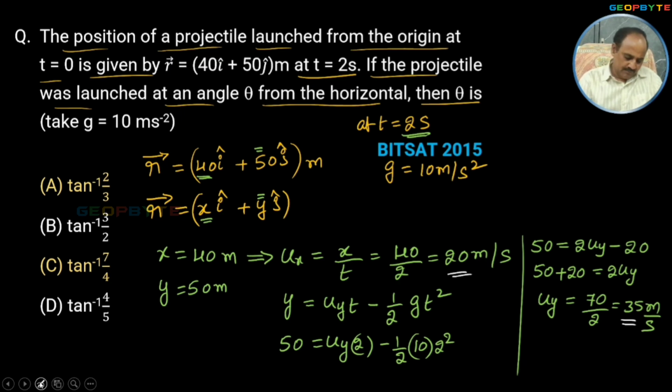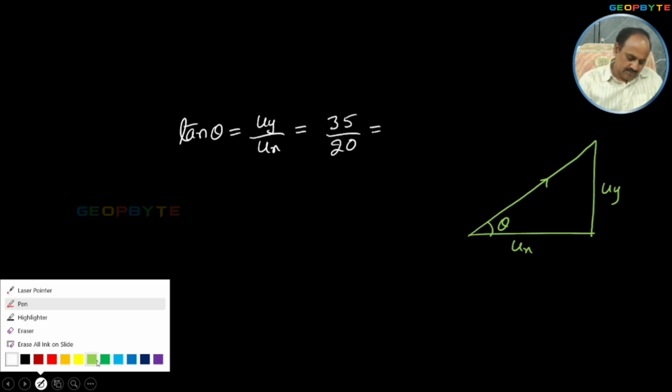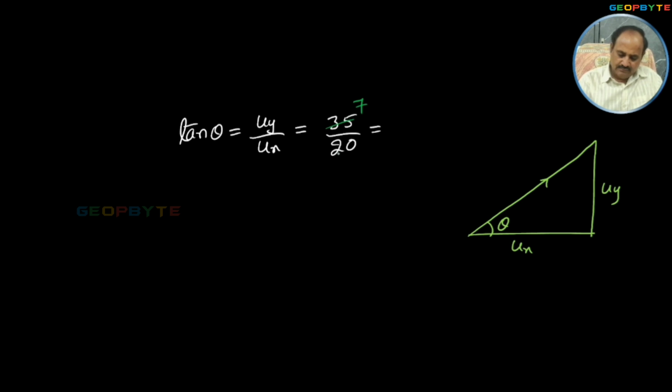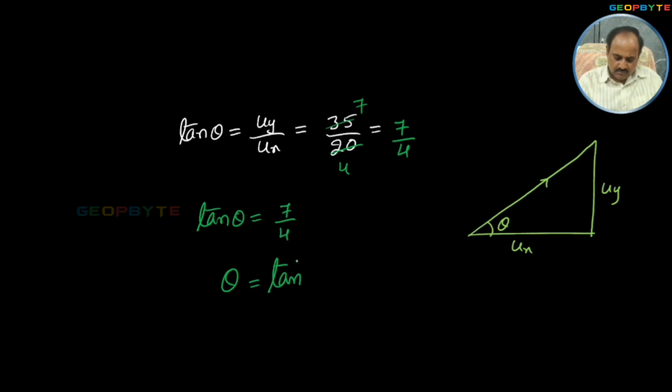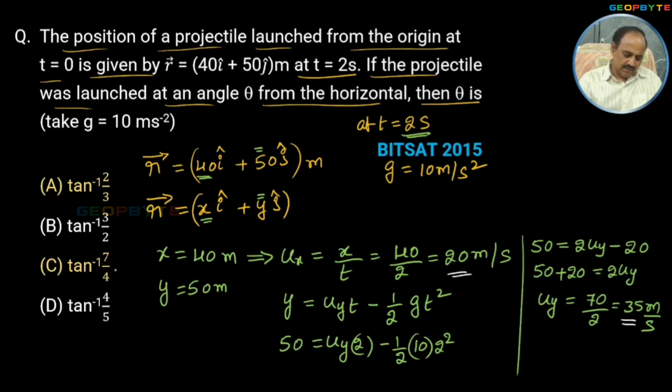Ux is 20. 35 by 20 is 7 by 4, since 5 sevens are 35 and 5 fours are 20. So tan theta equal to 7 by 4, theta equal to tan inverse 7 by 4. That is the answer. Look at the options. Theta equal to tan inverse 7 by 4, option C is absolutely correct. Understood clearly? Yes.